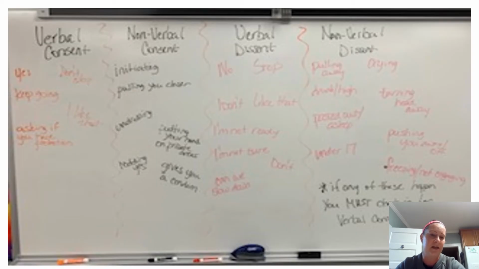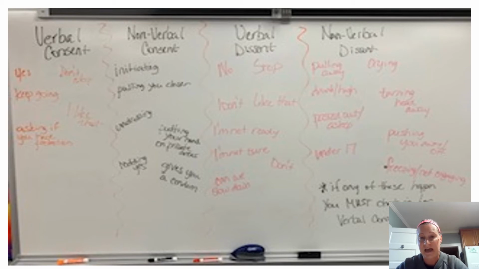As you can see, under verbal consent, you might hear: yes, keep going, don't stop, I like this. Under nonverbal consent, the person might be initiating, might pull you in closer, might be undressing, or might move your hand to a particular private part of their body.